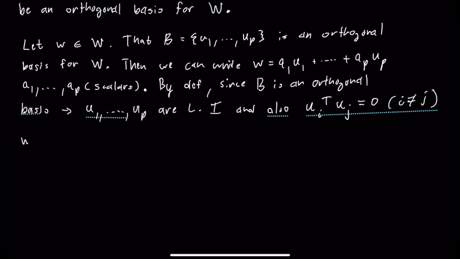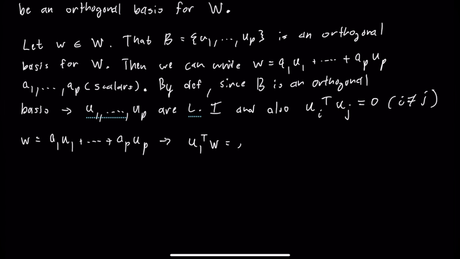So we said that W is A1 U1 plus ... plus AP UP. If I multiply both sides of this equation by U1 transpose, we're going to have U1 transpose W is A1 U1 transpose U1 plus ... plus AP U1 transpose UP.